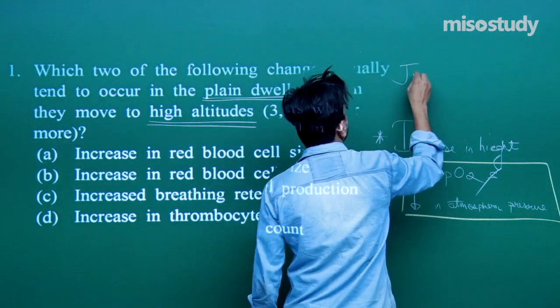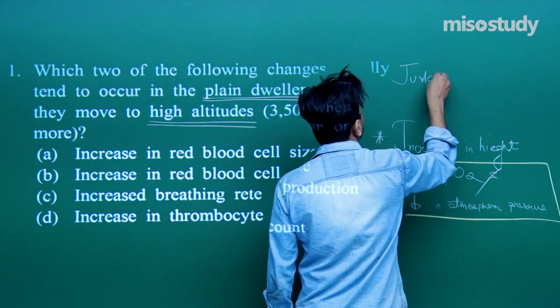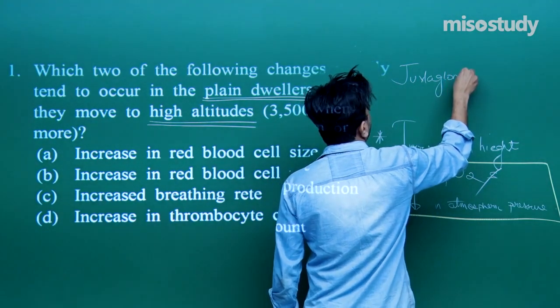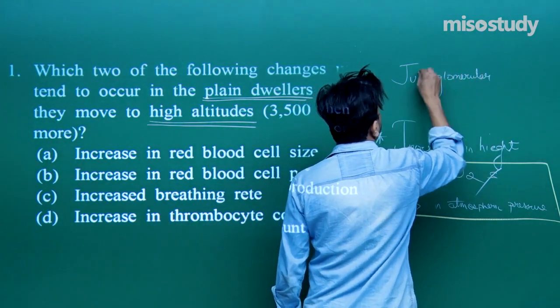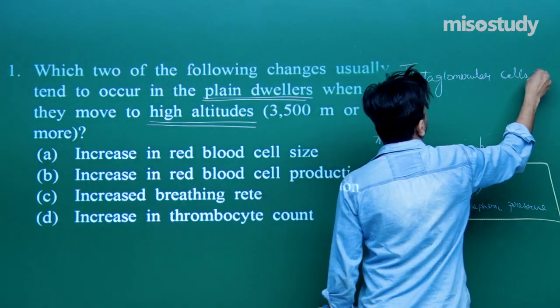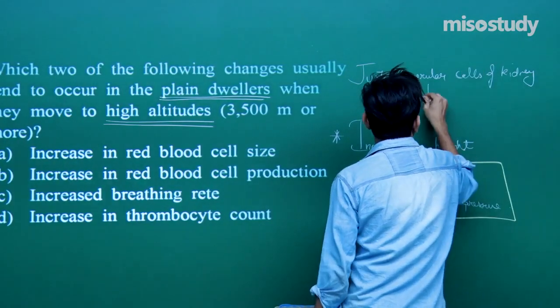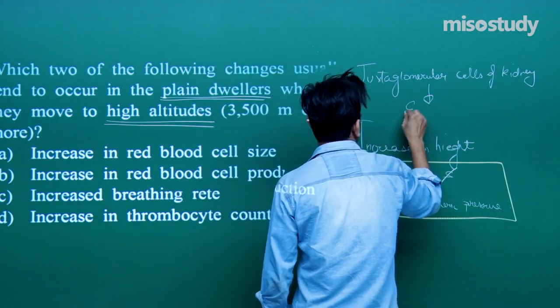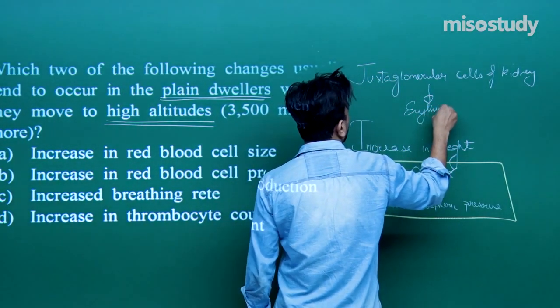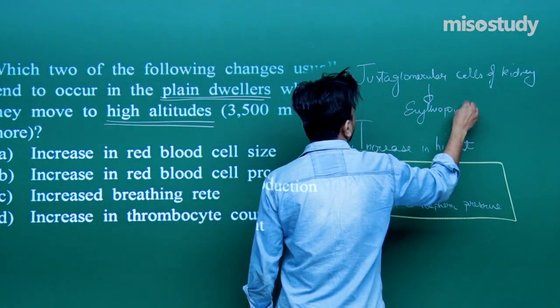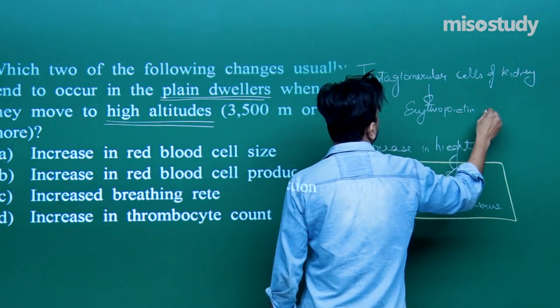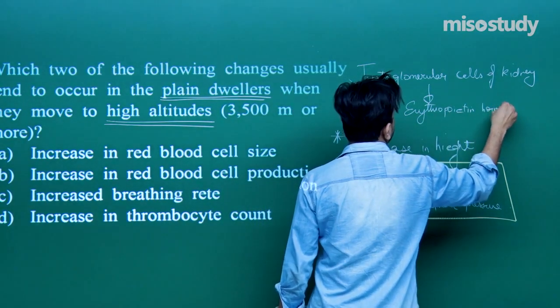The juxtaglomerular cells of the kidney release a hormone called erythropoietin, which will bring about erythropoiesis.